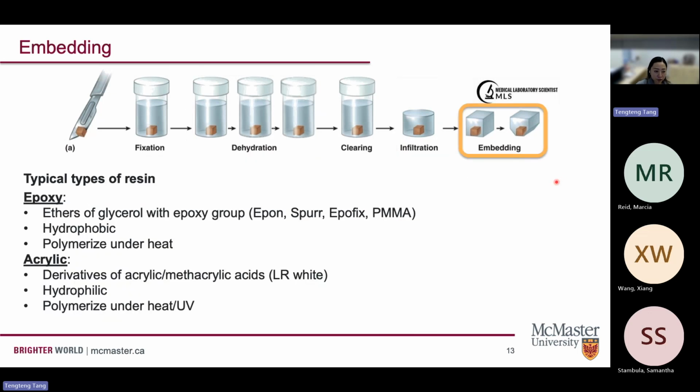After the infiltration, we harden the polymer either with heat or under UV light. In general, we could pick either epoxy or acrylic as the polymer. In this case, we typically go for epoxy or PMMA because they are typically more stable under the electron microscope.